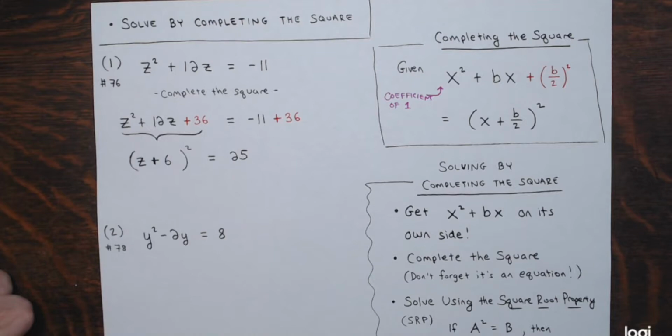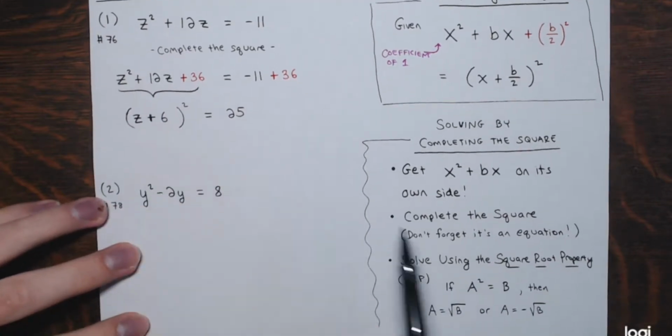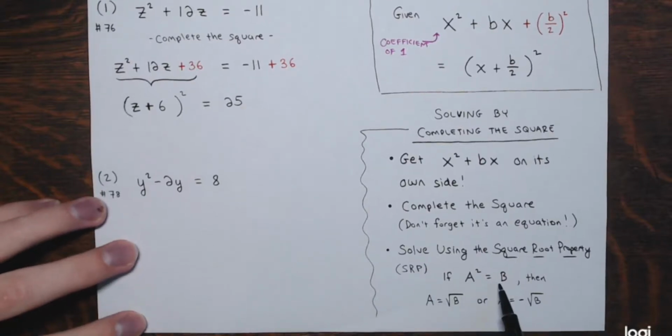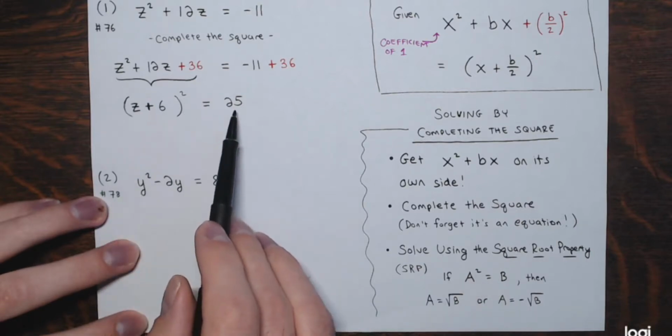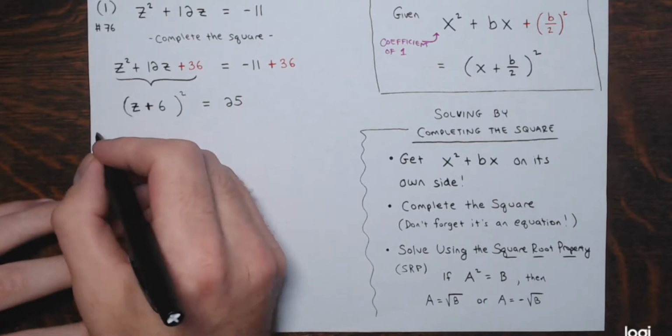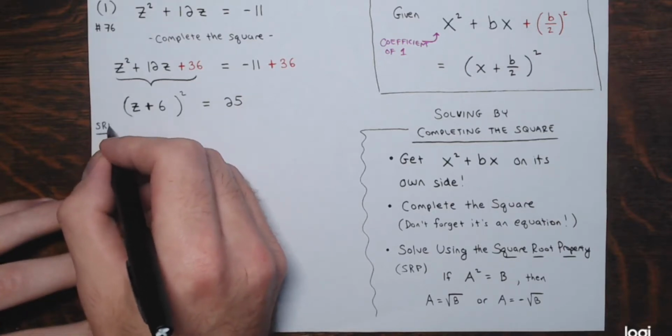Right. And now I have something in the form of the hypothesis of the square root property. Got a something squared equals a number. Right? Something squared equals a number. So now I can apply that square root property, right, which I'm just going to write SRP.